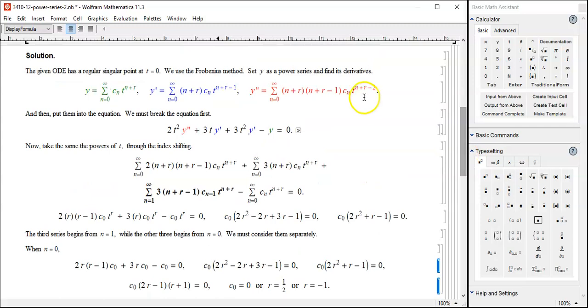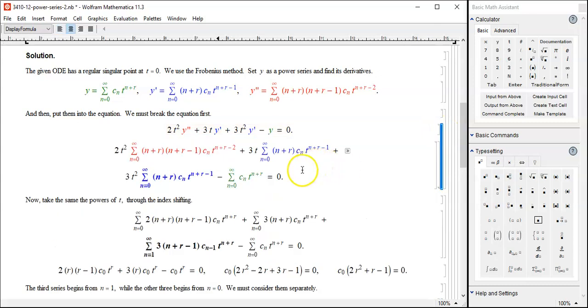Let's have a brief recap. Frobenius series, first derivative, second derivative, all right? And plug all those into the original equation. It's a bit more convenient after breaking up, so let's break up first. You could plug in and then break up later, but breaking up first is a bit more convenient. And then plug all those in.